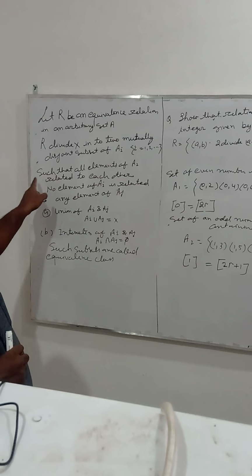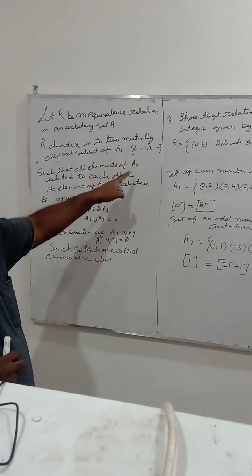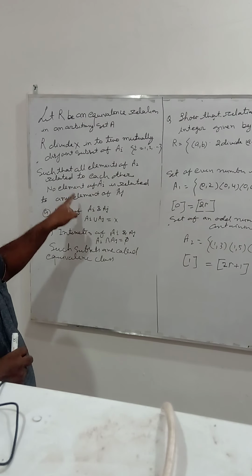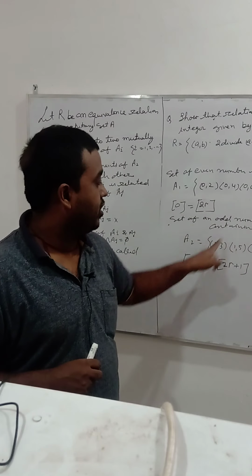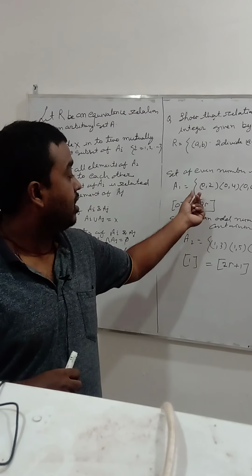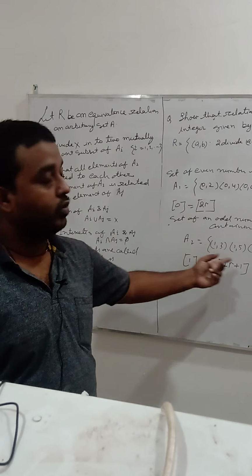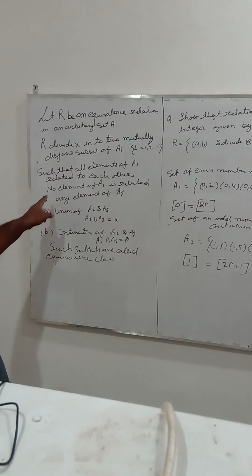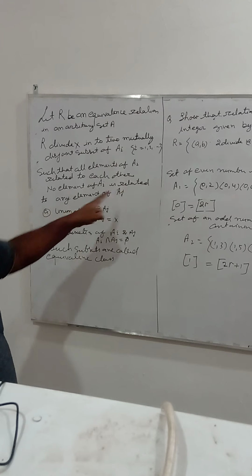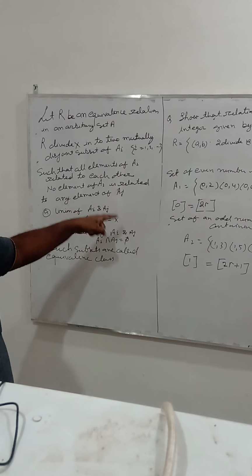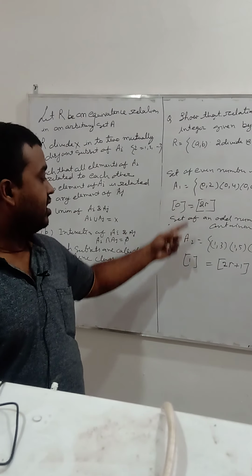Okay. Next, all elements of Ai are related to each other, meaning the subset A1 is related to each other, and the subset A2 is also related to each other. Okay. No element of Ai is related to any element of Aj. Suppose this is Ai and this is Aj.